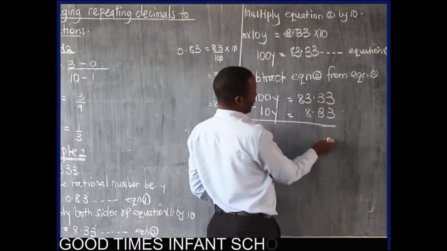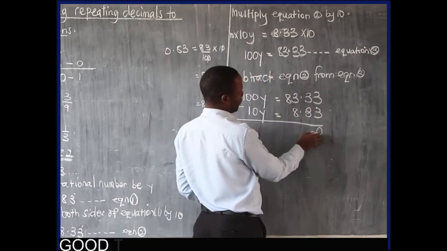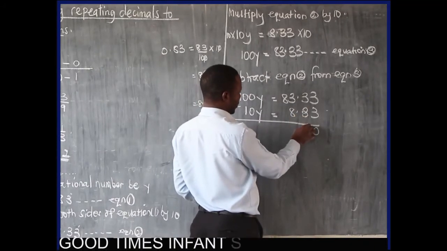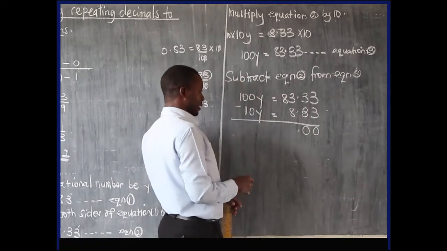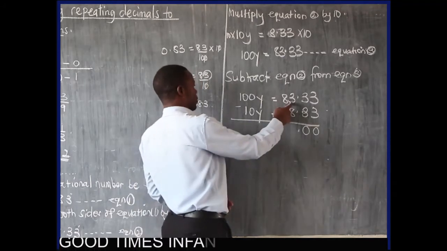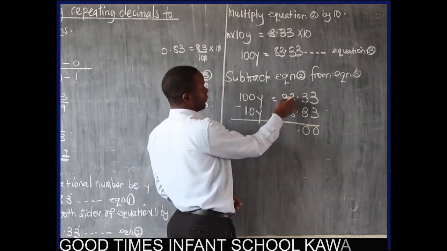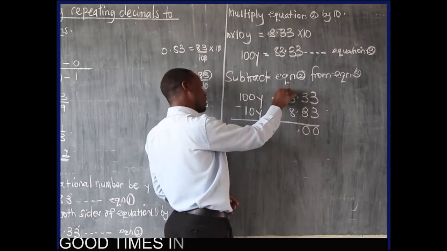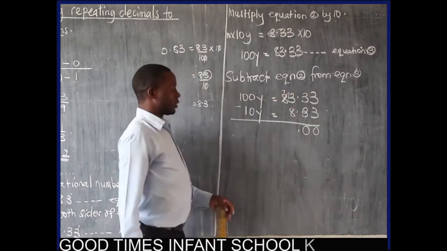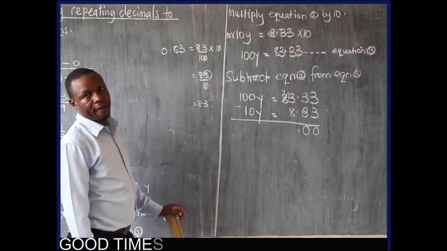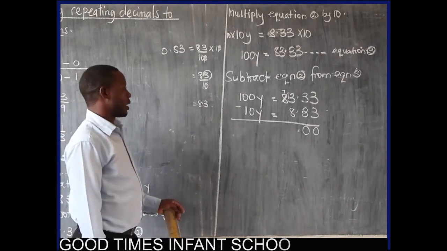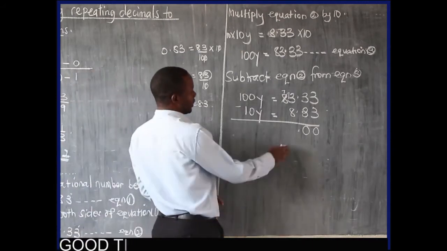So when we subtract this side, 3 take away 3 is 0, decimal point, 83 take away 8, because we do it by regrouping. We shall borrow from 8, we remain with the 7, and it becomes 13. 13 take away 3 gives us a 5.